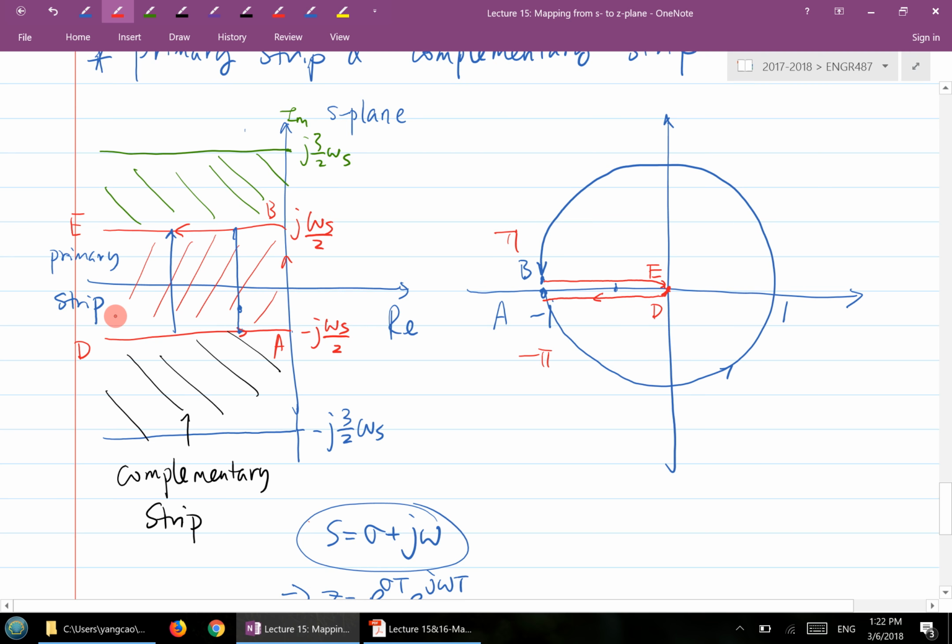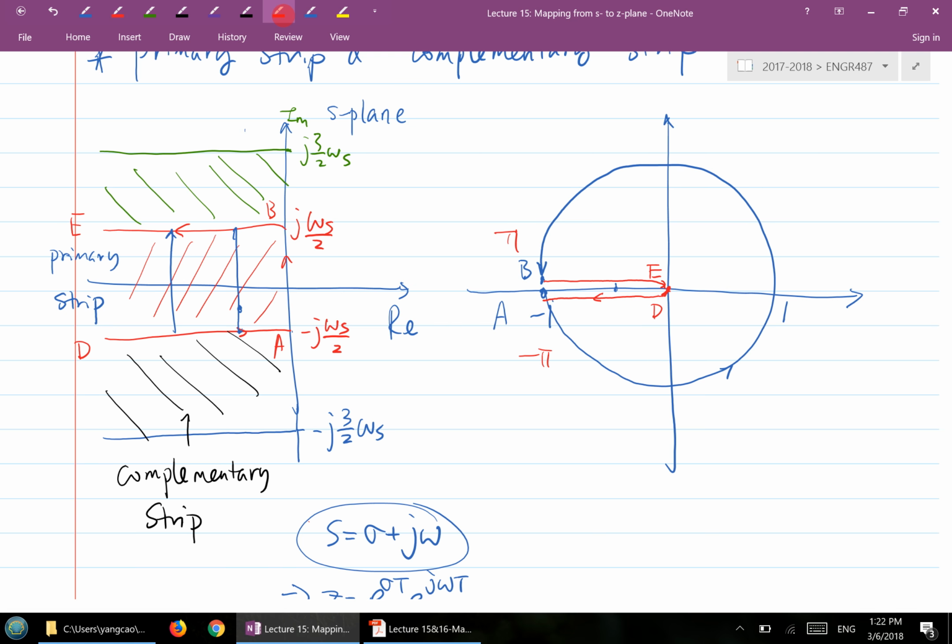Is that good? Okay. Now, before we move on, just to reinforce, remember the natural frequency, right? What is the maximum natural frequency in the digital domain? Theta equal to negative and positive pi, right? So if you look at the z-plane here, if I wanted to ask you which region corresponds to a high frequency region and which to a low frequency region, which region would be the high frequency region?